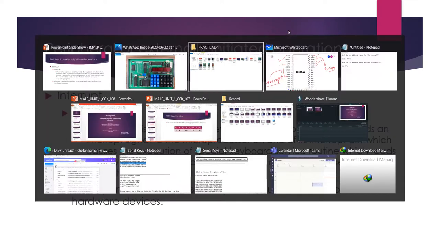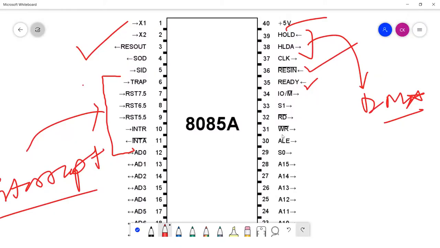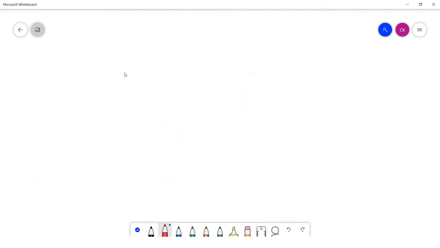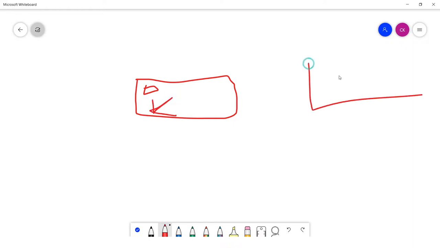Suppose this is our keyboard, with the key capital K, and this is our microprocessor. Whenever you press the key, a signal goes to one of the interrupt pins of the microprocessor.